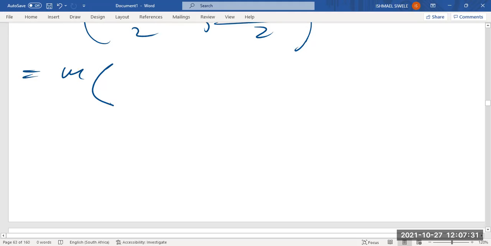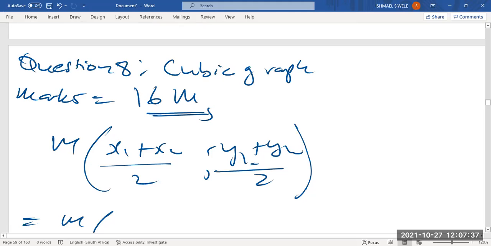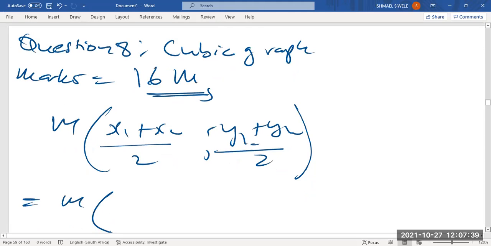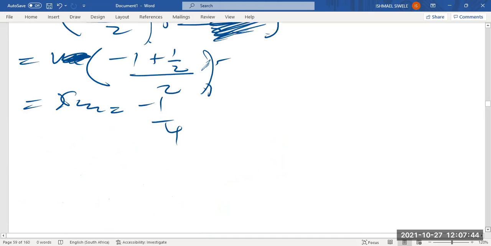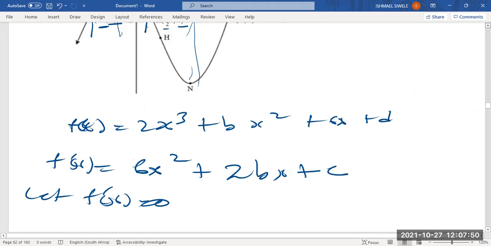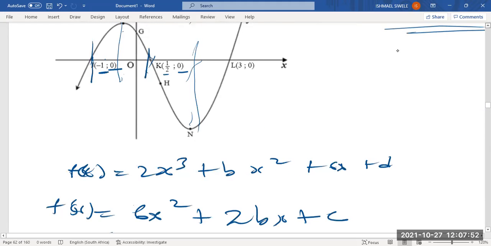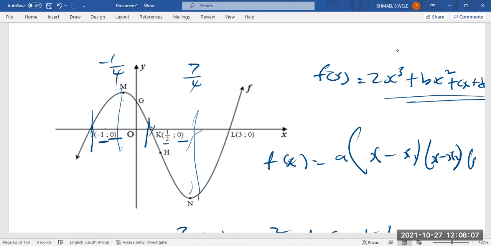You see what I have here. It appears to be something that is going to take long to solve, but this is one of the ways we can. If you are impatient, you also know that this graph contains the form f of x is equal to a times x minus x1, x minus x2, x minus x3.